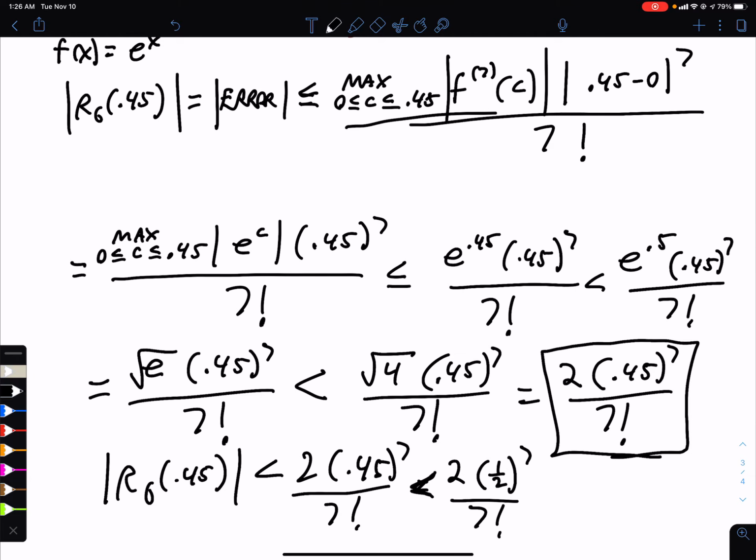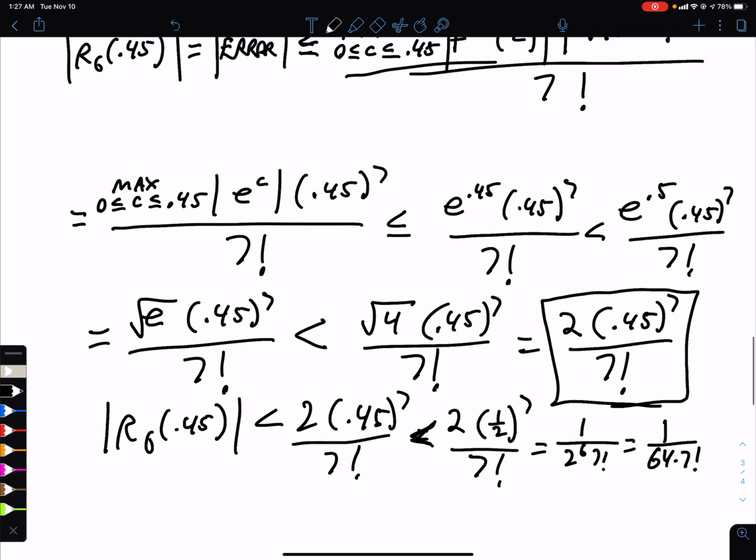So I'm just continuing to go through this boundary state. So that's going to be the top. You're going to see that one of these is going to cancel with one of those. So that's 1 over 2 to the 6th. So 1 over 2 to the 6th power, 7 factorial. 2 to the 6th, what is that? 4, 8, 16, 32, 64? 64 times 7 factorial.